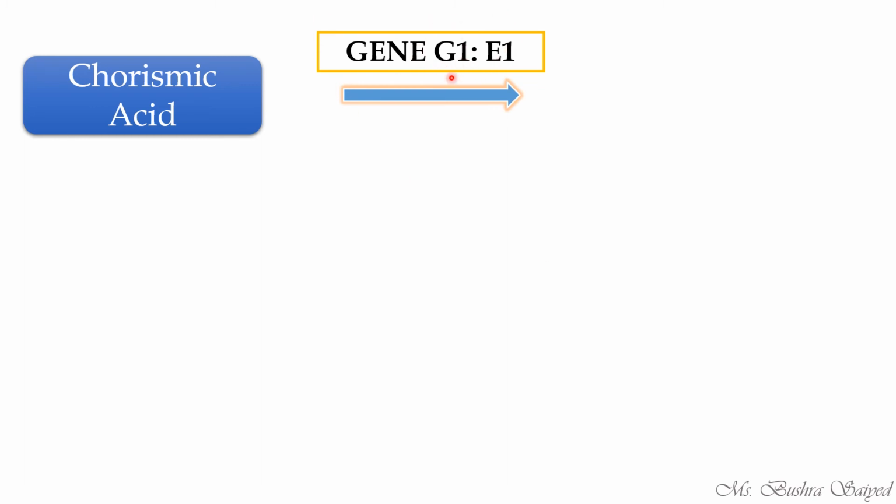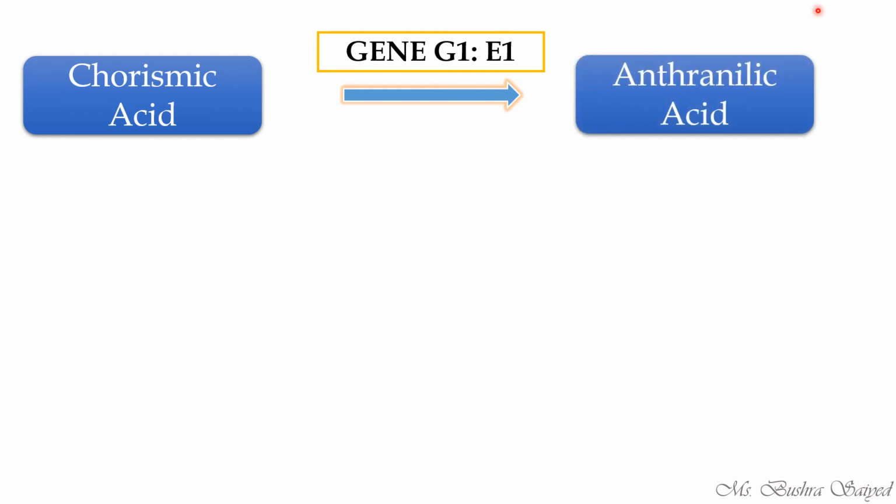We know that a gene is responsible for the expression of some protein. Which protein? Enzyme 1. So gene 1 will express enzyme 1. In the presence of enzyme 1, it will give rise to anthranilic acid. We know that enzyme and substrate result in a product. Here is your enzyme, here is your substrate, which gives rise to anthranilic acid, that is the product.